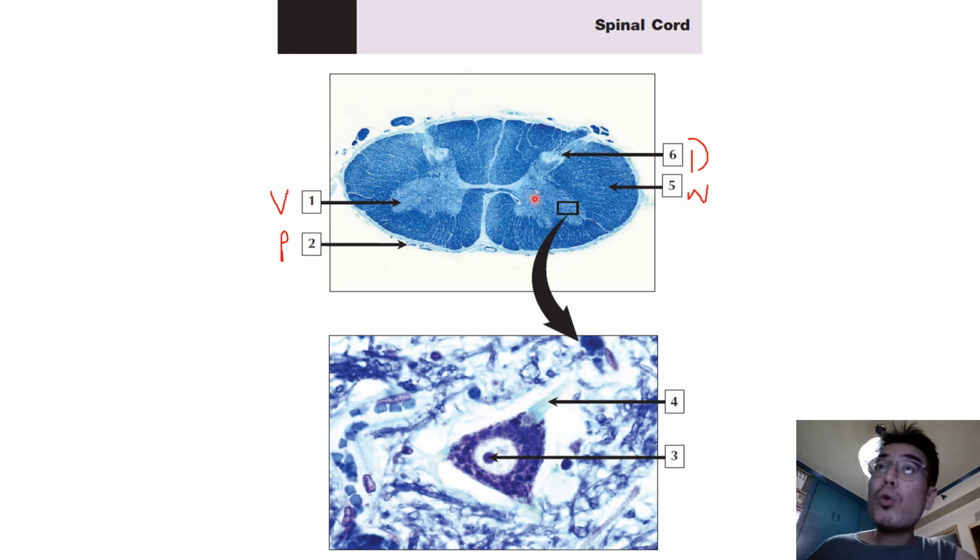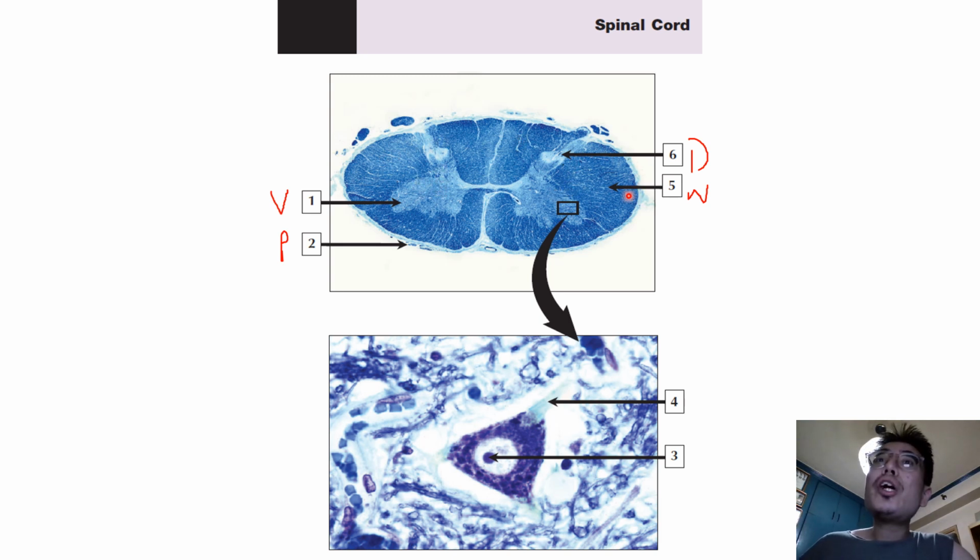In the spinal cord, we see that labeled here as number 5, the white matter is external. It's outer to the inner or the deep gray matter. So again, in the spinal cord, the white matter lies external to the inner gray matter.